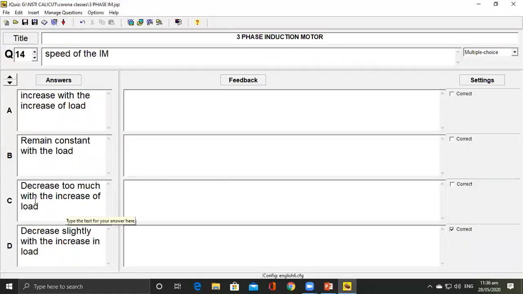So our answer is: decreases slightly with increasing load. Increase is not practical, and it is not a DC shunt motor, so it is not constant. Decreasing too much is not possible. It is only slight with increasing load. So the answer is option D.